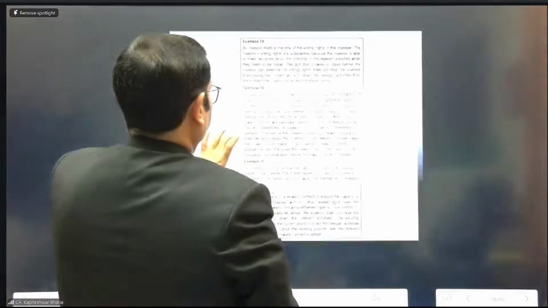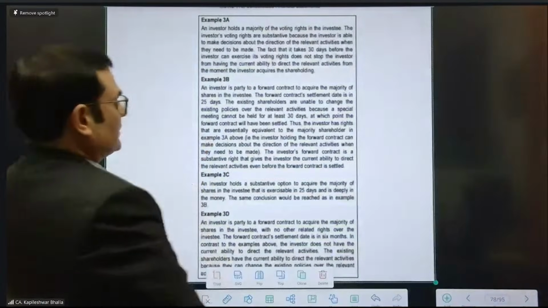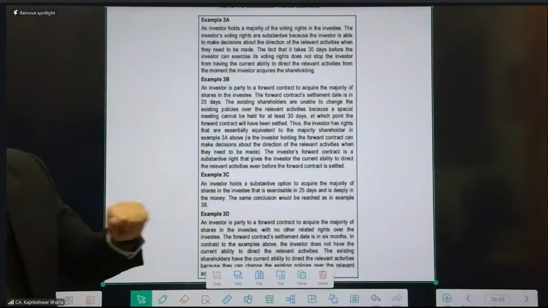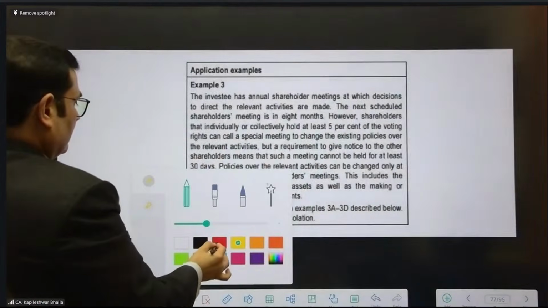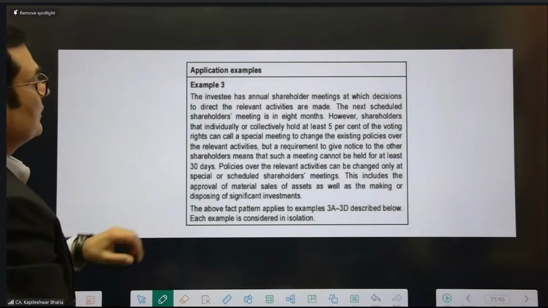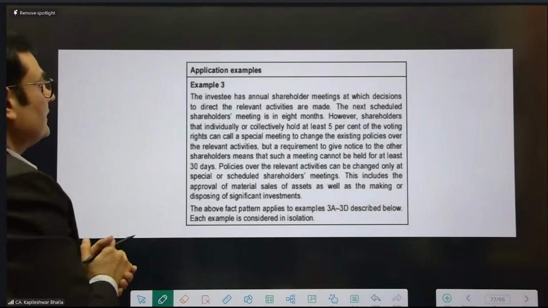So there are 4 examples, 3A, B, C, D. And there are some common facts which are given. I hope that is visible, right? So let me look at the common inputs which are given in example number 3.